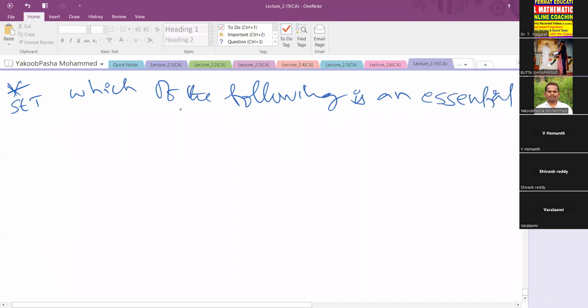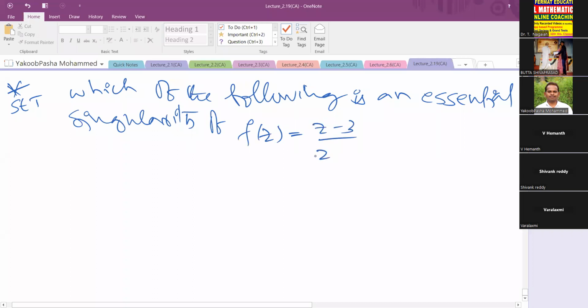Essential singularity means the principal part has infinitely many terms. The function is f of z equal to (z minus 3) divided by (z minus 1) plus e to the power of 1 by (z minus 2).